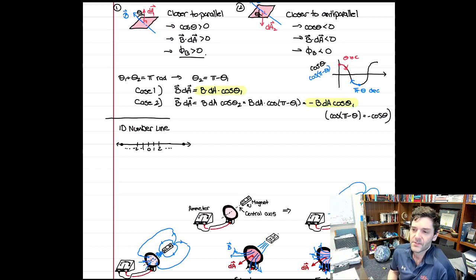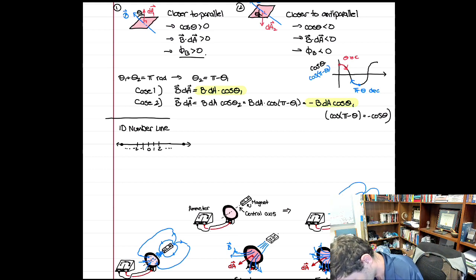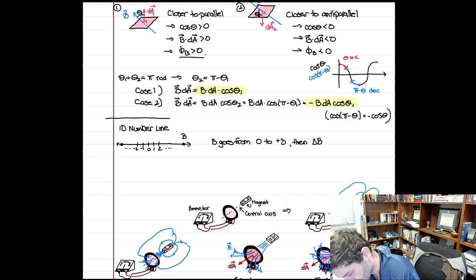Sometimes the wording is confusing, because when I say I go from, let's just give this a variable, let's give it B. If I say B goes from 0 to plus 3, then delta B in this case has increased. How would we quantify the change?